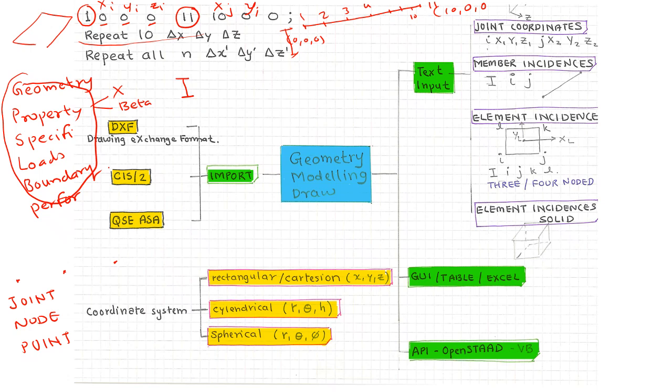So let's remember, we can create joint coordinates line by line. I can just go on writing 1 at 0 comma 0 comma 0, 2 at a 5 meter distance, like this also I can do, or I can write a single line like 1 is 0 0 0 and 4 is 15 0 0, and it will interpolate at equal distance nodes 2 and 3.